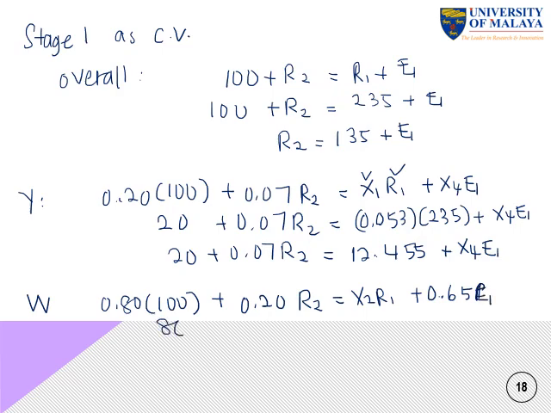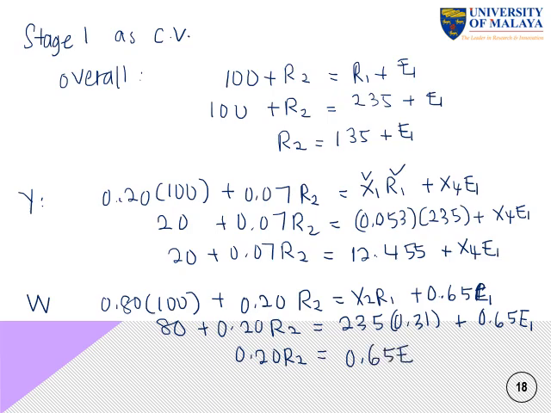And this is 80 plus 0.2 times 235 times 0.31 plus 0.65 E1. Simplify, you get 0.20 R2 equals to 0.65 E1 minus 7.15. So you can label this is equation 1, this is equation 2, and equation 3.